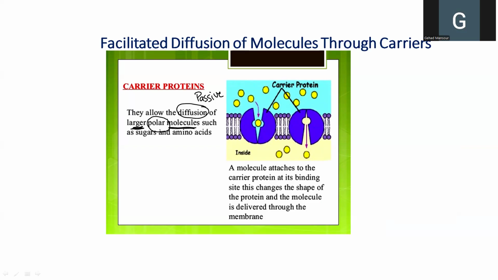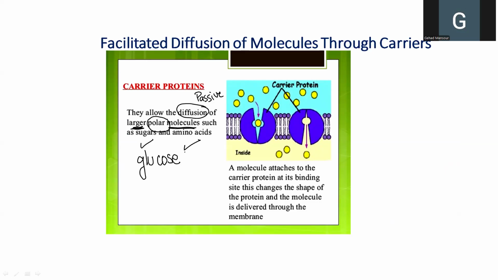Not only are they large, but also polar. For example, sugars, and of course mainly glucose, which is the most abundant carbohydrate in the human body, and amino acids. So sugars and amino acids are characterized by being large and polar molecules, and they require a carrier.